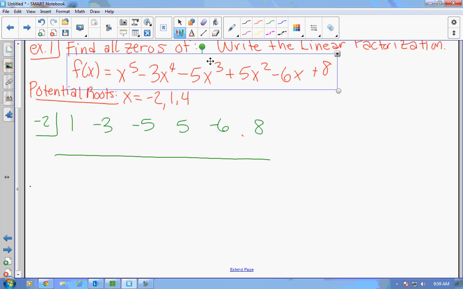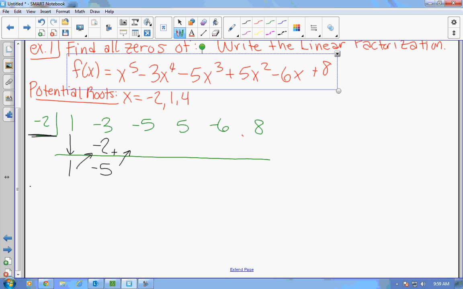Okay. So we bring down the 1, and what do we do with 1? Multiply it by that negative 2, which will make negative 2. Then I add up my columns. Negative 3 minus 2 is negative 5. Now what do I do?